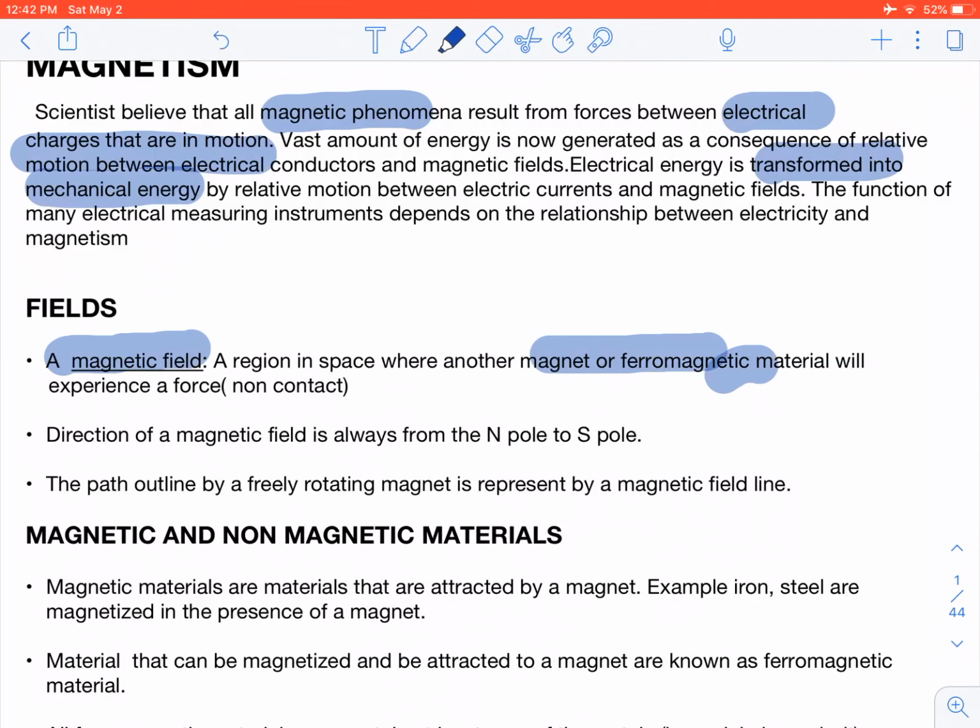The direction of the magnetic field by convention is chosen from north to south. I'll talk about that as we go along. And the path outlined by a freely rotating magnet is represented by a magnetic field line.